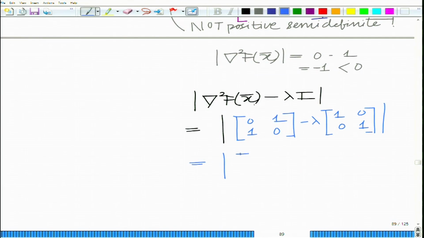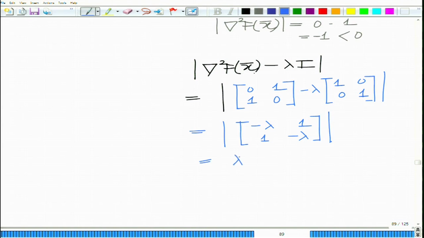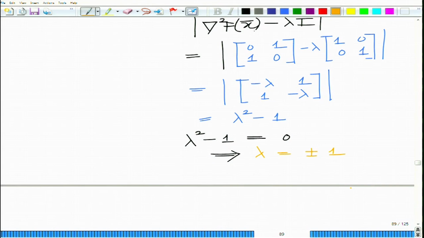That is equal to the determinant of minus lambda 1 1 minus lambda, which is basically lambda square minus 1. Lambda square minus 1 equals 0 implies basically lambda equals plus or minus 1, and you can see the eigenvalues are both positive and negative.